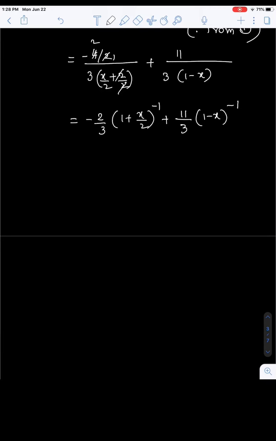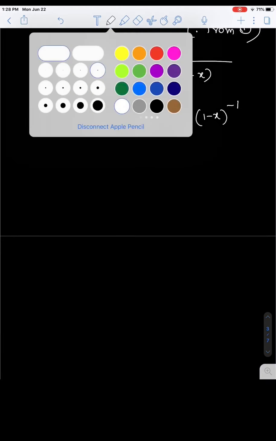Now, what is the meaning of power series? I'll take another color to help you. Power series are of 2 types here. For this exercise, we use 2 types of power series. One is 1 plus x whole power minus 1. The other one is 1 minus x whole power minus 1. 1 plus x whole power minus 1 is taken as 1 plus, here minus will come.